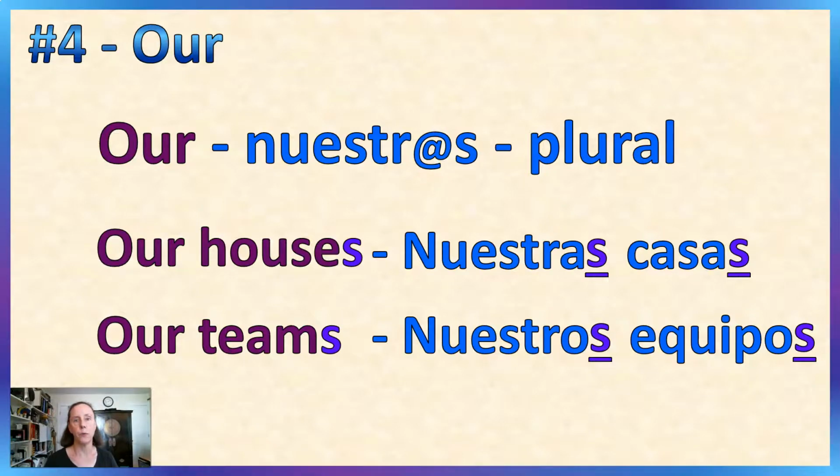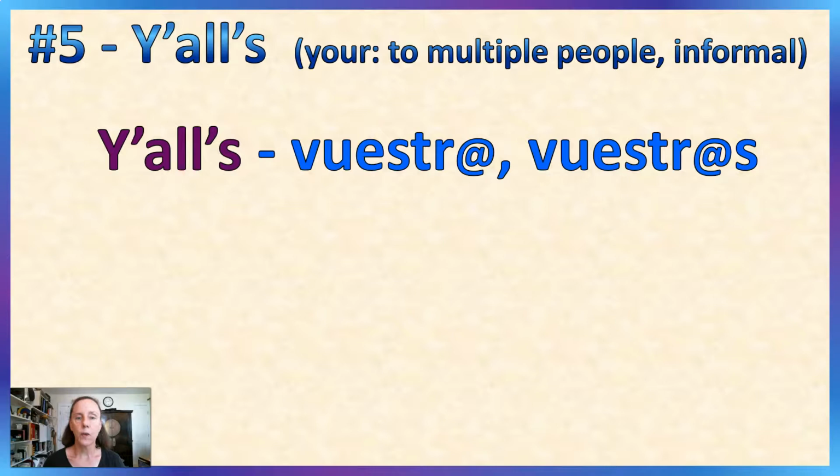All right, let's continue. Next, we have y'all's, which is my abbreviation for your informal plural. That is, you are speaking to more than one friend and you have an informal relationship with those people. Okay, just like nuestro and nuestra, we are going to have a total of 4 forms.